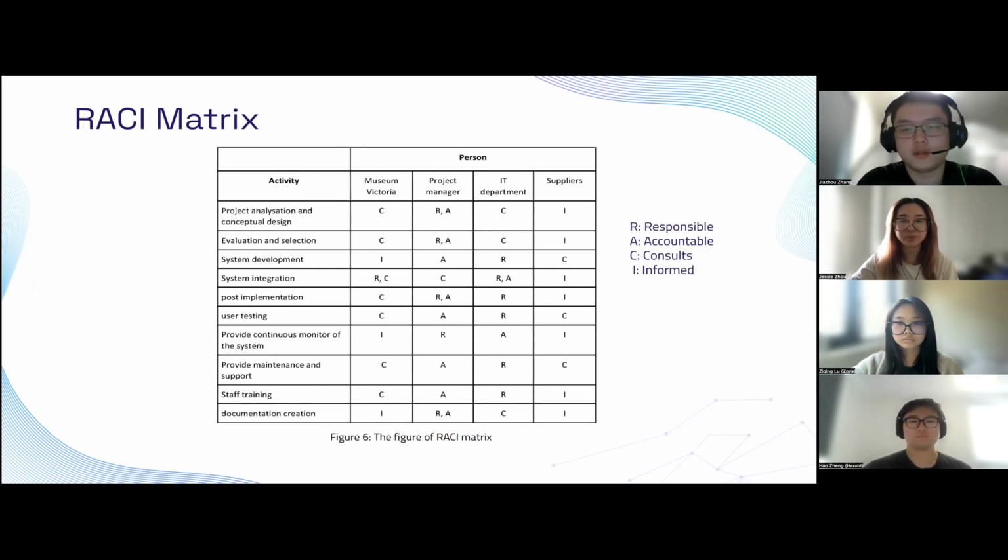As we move through to system implementation and integration, roles shift as the IT department takes more prominence in responsibility. Importantly, our suppliers are consistently consulted and informed throughout all stages. This RACI matrix ensures smooth progression and collaboration. It minimizes overlaps and sets clear expectations.